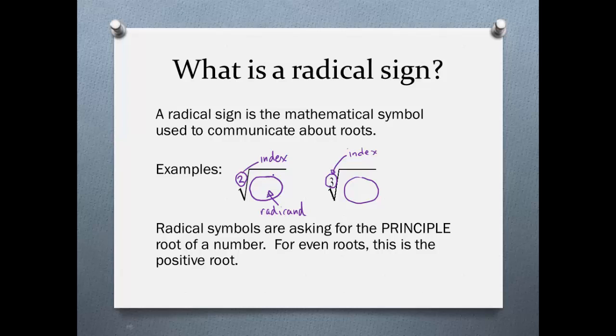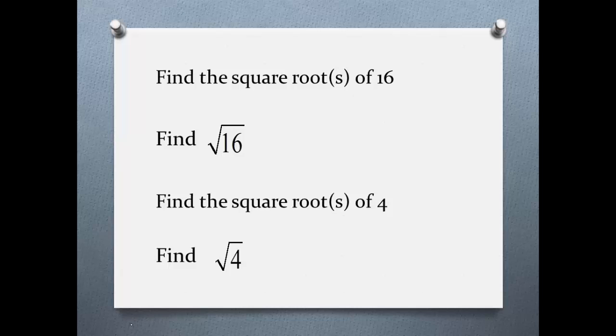Now, radical symbols are asking for a principal root of a number, and I'll explain what that is in a minute. For even roots, that's the positive root. You've seen questions like find the square roots of 16, and we know that there are 2 numbers that you can square to get 16. So there are 2 square roots of 16.